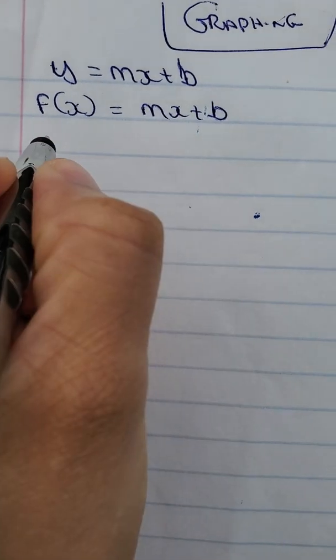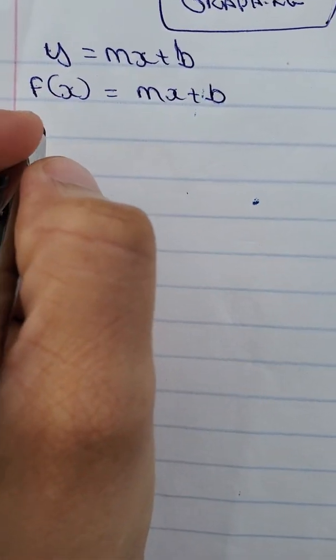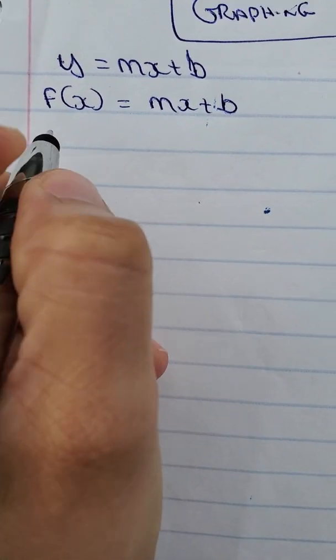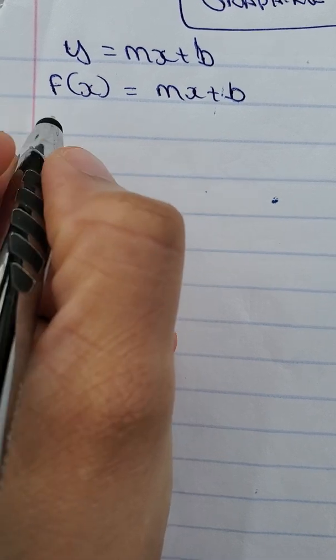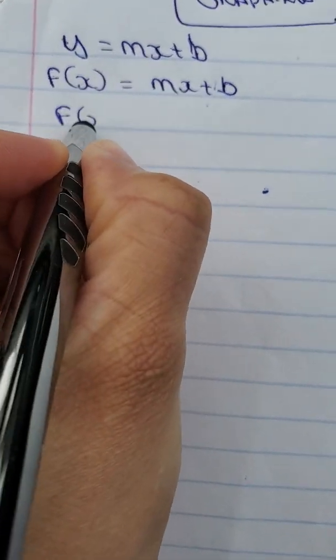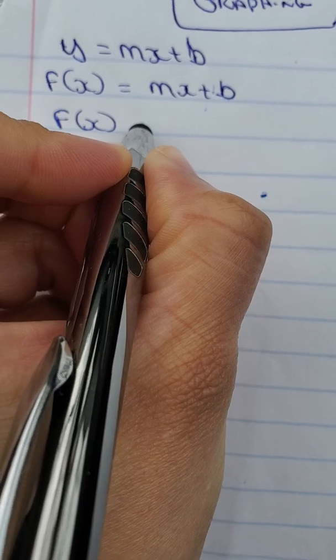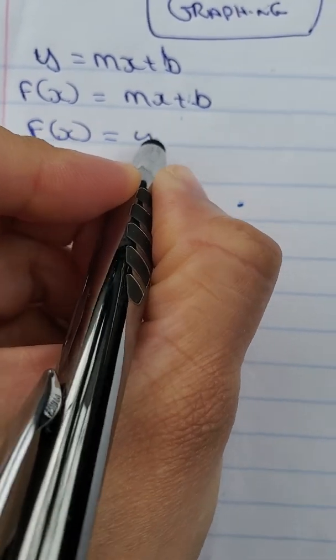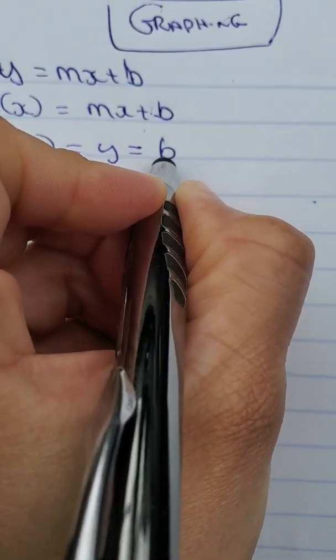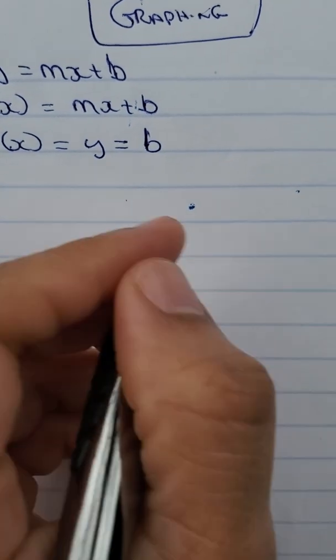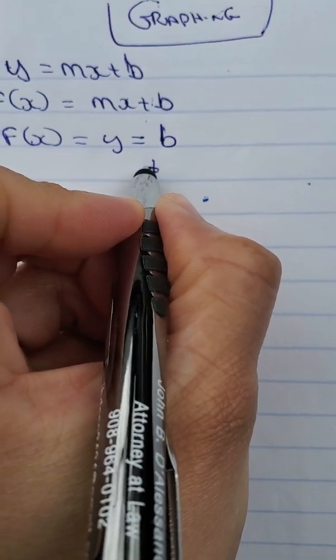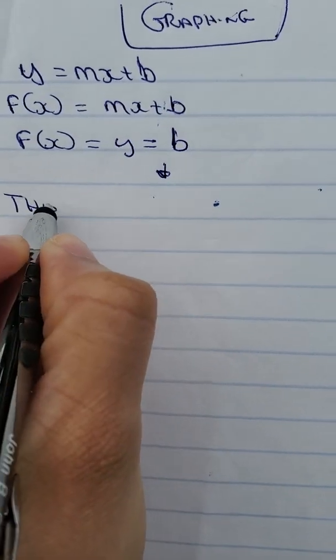So here we go. Let's first establish when we have to graph constants. So for one, let's say f of x or y is equal to a constant b, right? This simply means that the slope is 0.